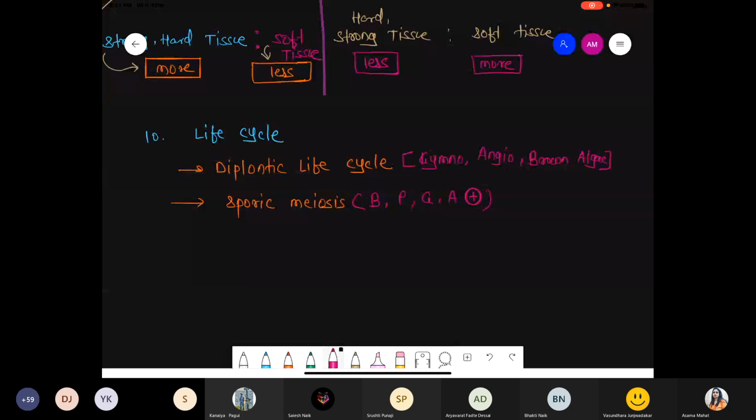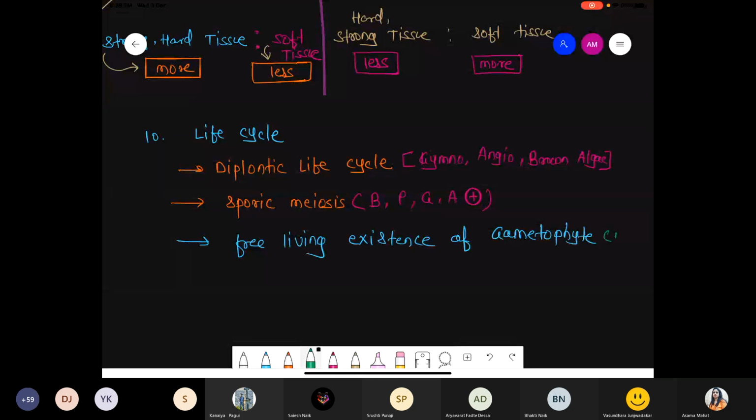Chalo. And next point, we are talking about free living existence of gametophytic body, absent. Last point. Free living existence of gametophyte, and you know very well gametophyte means we are talking about which condition?